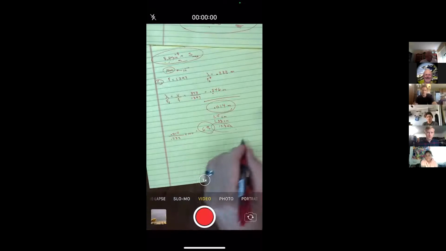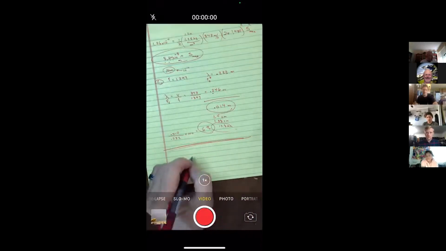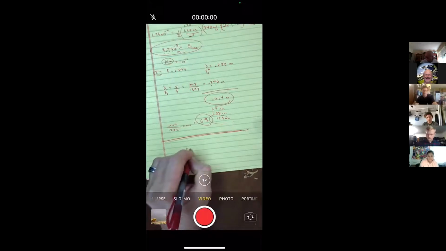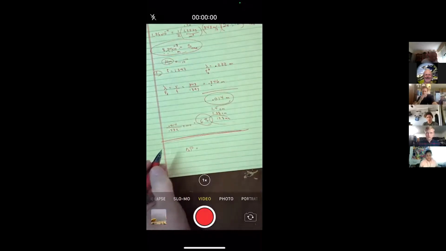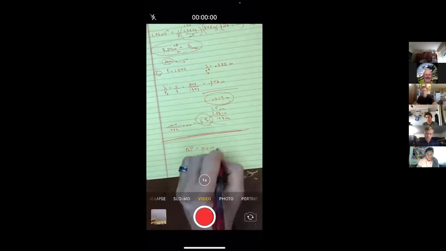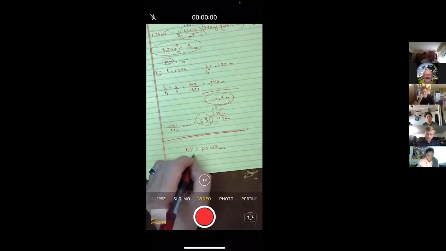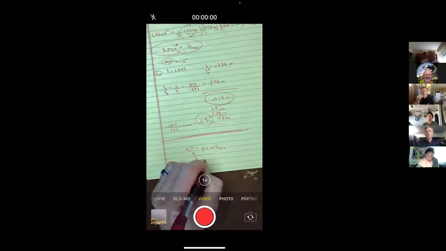Oh, wait. Okay, before I answer that, let me just make sure I know what equation you're talking about. It says delta P, and then it has a rho, a V, an omega, and an S max, right? Yeah. Okay, good. The reason that's not applicable is this P right here is for pressure, not power.